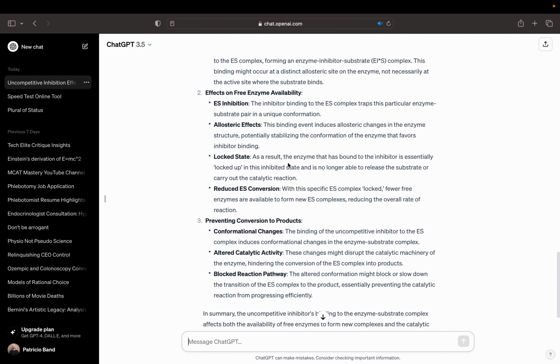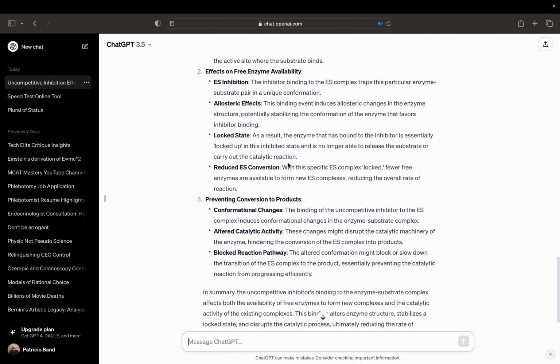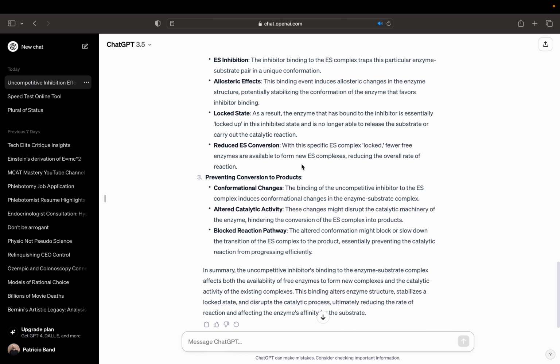As a result, the enzyme that has bound to the inhibitor is essentially locked up in this inhibited state and is no longer able to release the substrate or carry out the catalytic reaction. With this specific ES complex locked, fewer free enzymes are available to form new ES complexes, reducing the overall rate of reaction.